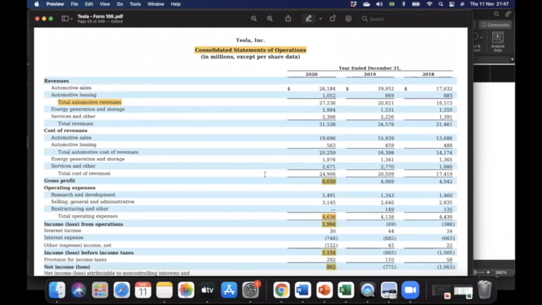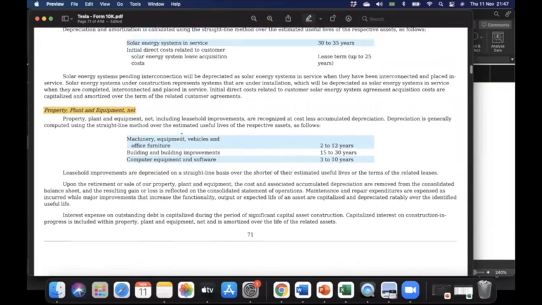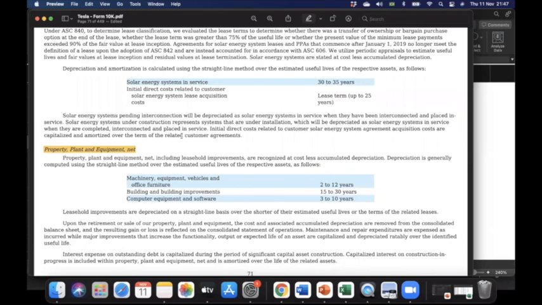If we continue with the report, we have some other interesting information. For example, they explain some of the accounting. Of course, they use the US GAAP. They are the American company, but they show here some policies that they use.